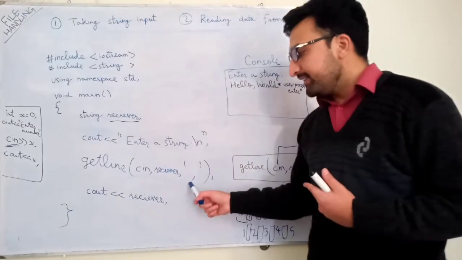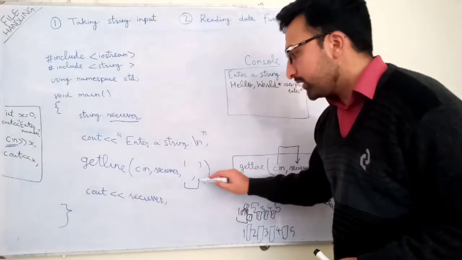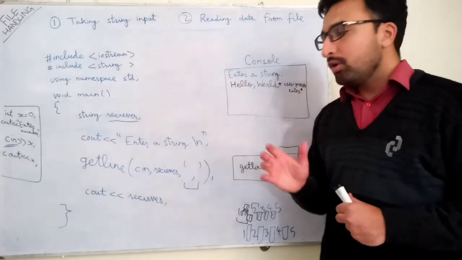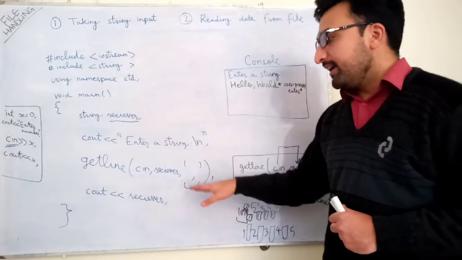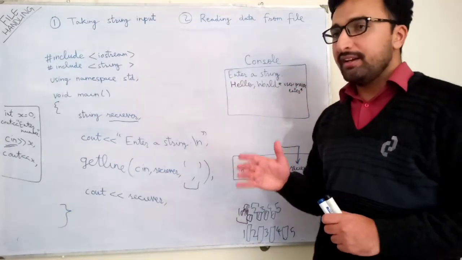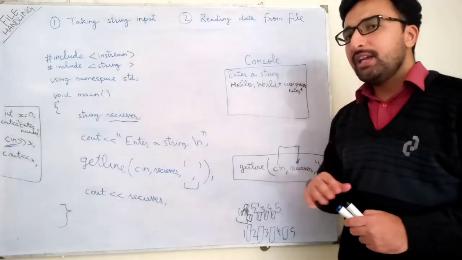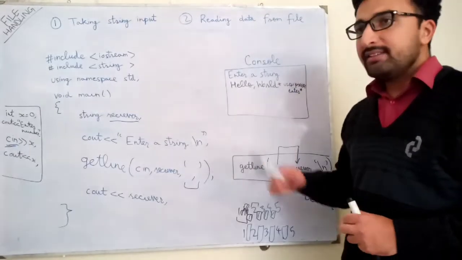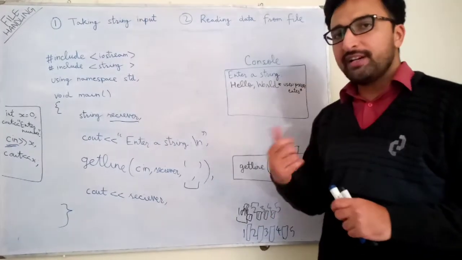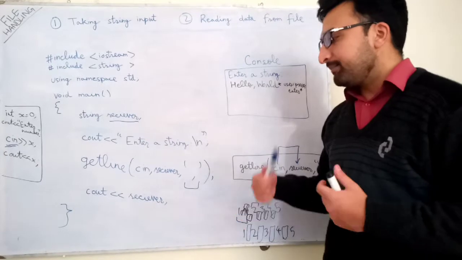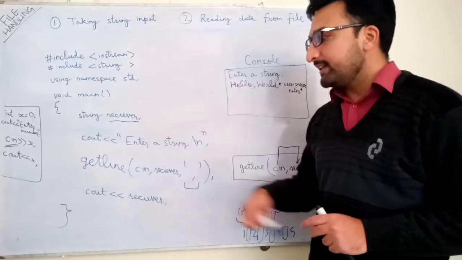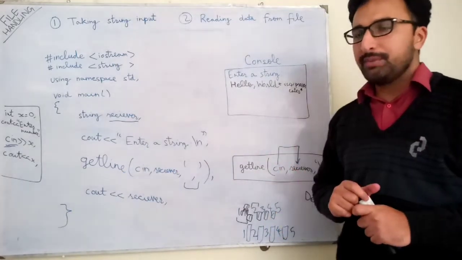However, here the delimiter was a comma, and we know that a delimiter marks the beginning or the end of one unit of data. So the getLine function stops reading anything from the console, i.e. any input given after this comma is not read by the getLine function, because our delimiter was a comma, and as soon as the comma arrives, that's where getLine stops reading data from the input.